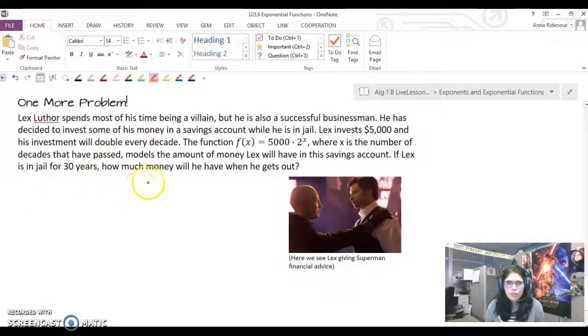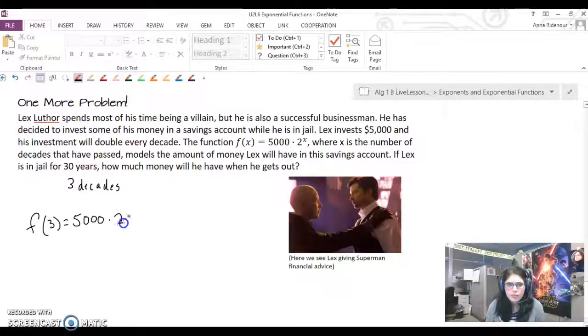So it says x is the number of decades that have passed. And that's the important part, because if he's in jail for 30 years, that means 3 decades. So I just take 3 decades and plug that in for x, and I get f of 3 is equal to 5,000 times 2 raised to the power of 3.